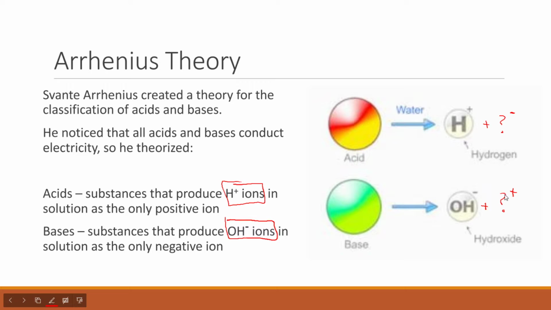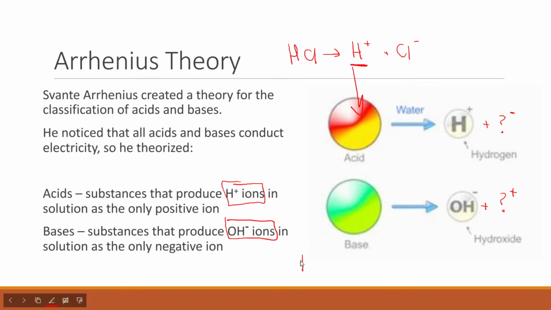The identity of the positive and the negative don't matter. It's really the OH minus that's being produced and the H plus that's being produced. If I have HCl that breaks apart into H plus and Cl minus, the fact that this H plus is there makes it an acid.